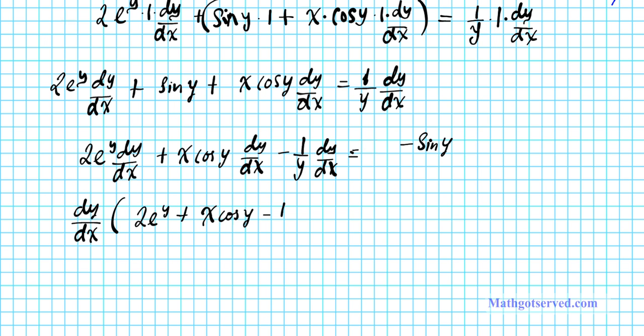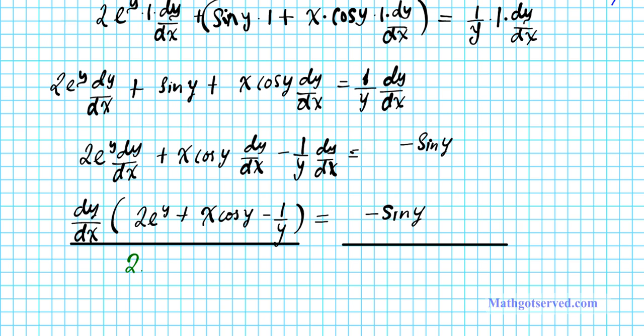Okay, now to get dy/dx isolated, what we're going to do is divide both sides by this quantity that is being multiplied by dy/dx. Okay, so we're going to divide by 2e^y plus x cos y minus 1 over y.